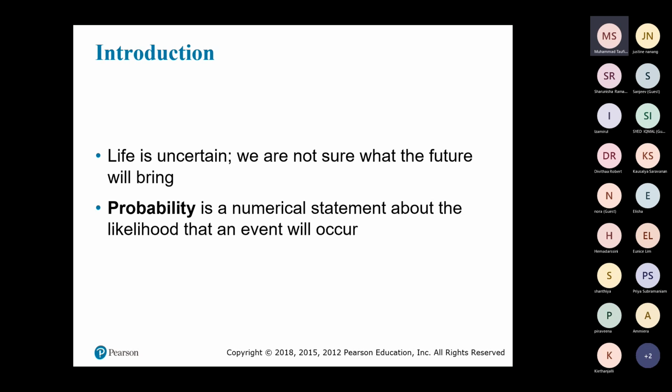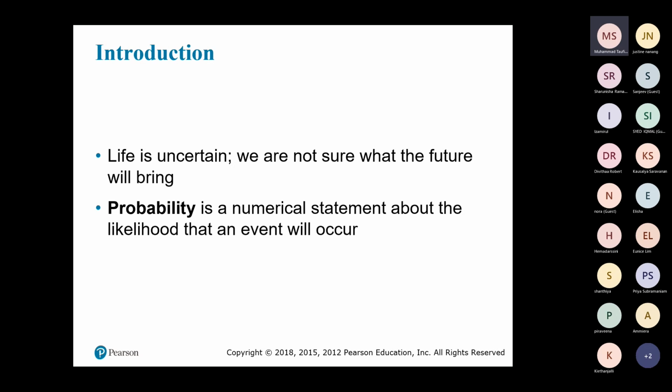So that is where we come up with what we call probability. Probability means that, based on the data that we gather, we are 80% certain that this is the value.